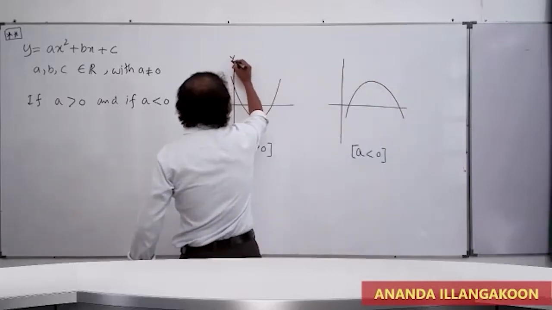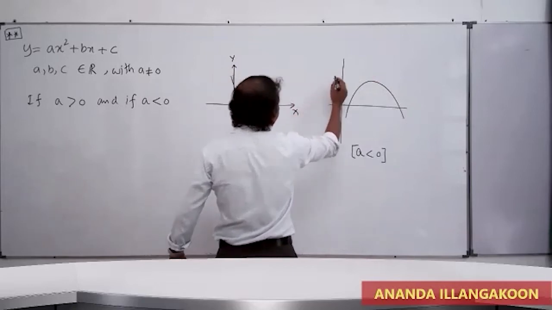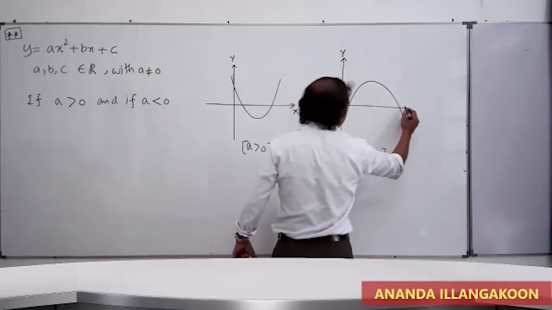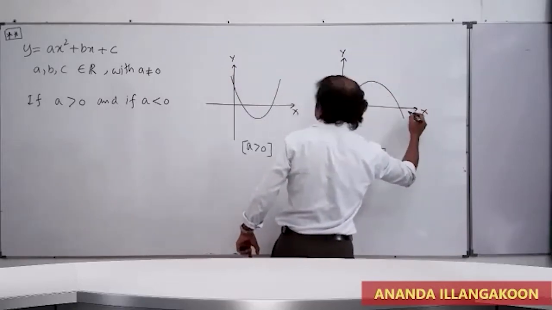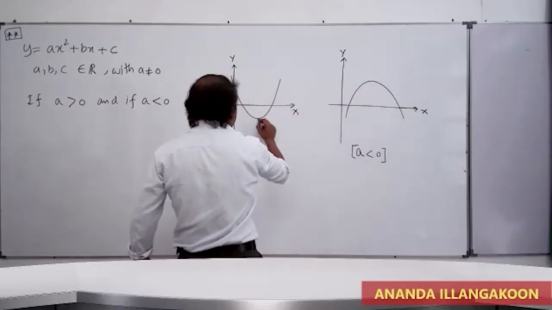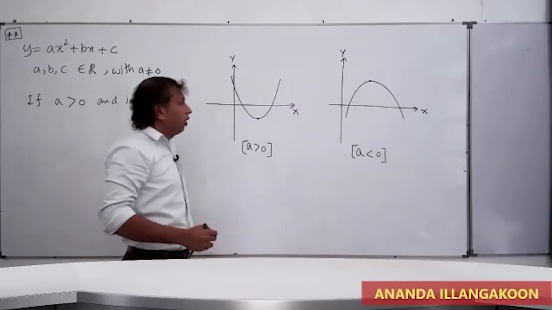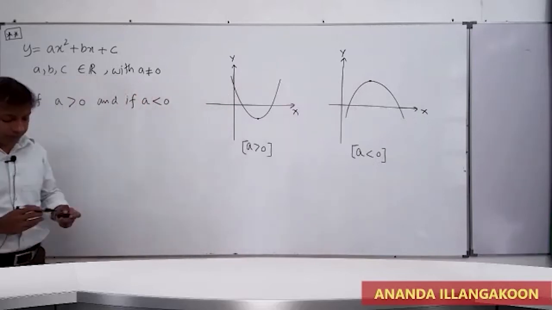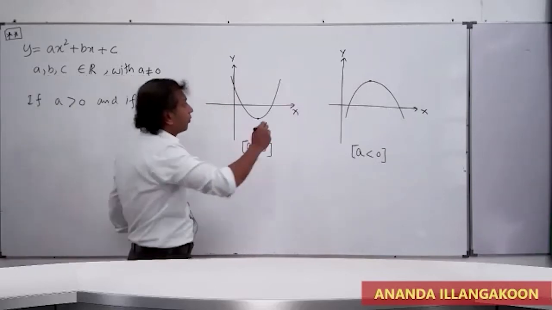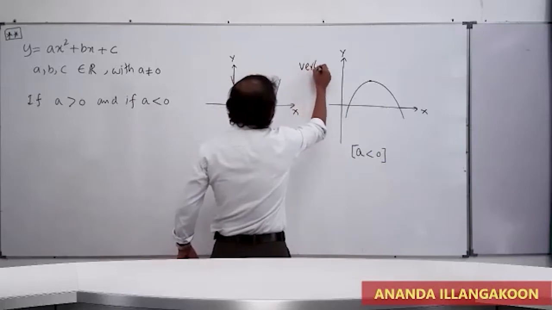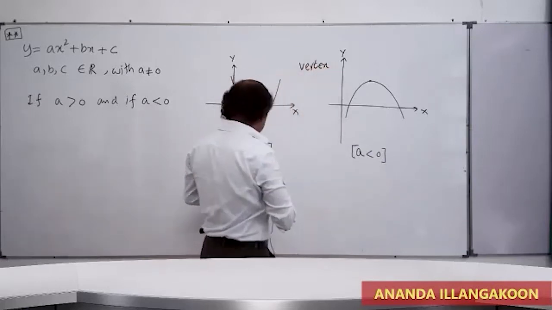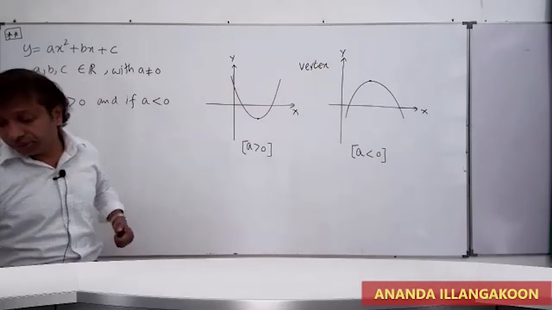This is y, this is x. Now this point, the lowest point or the highest point, we call what, people? The vertex, no? This is the vertex.